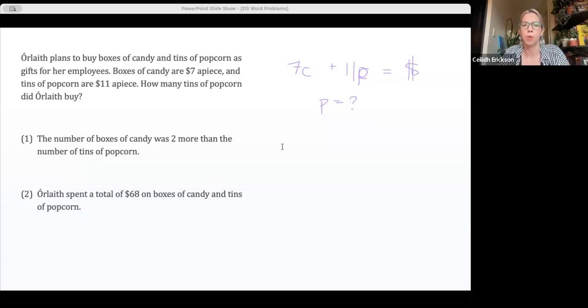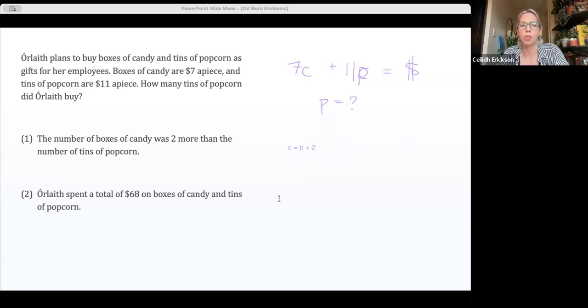Okay, so I'm using C and P. The number of boxes of candy was 2 more than the popcorn, so popcorn plus 2. All right, well, that, as an equation, that's one equation, 2 variables, and we don't have any given, so that's not enough, right?